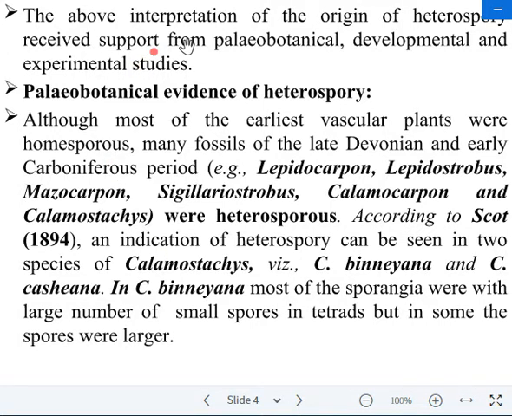The above interpretation of the origin of heterospory receives support from paleobotanical, developmental and experimental studies.